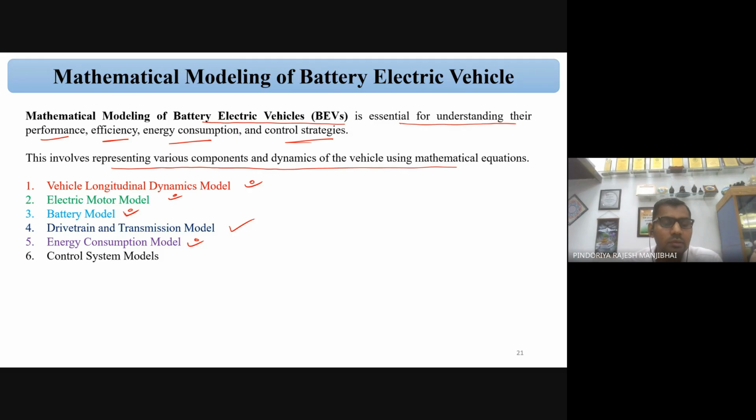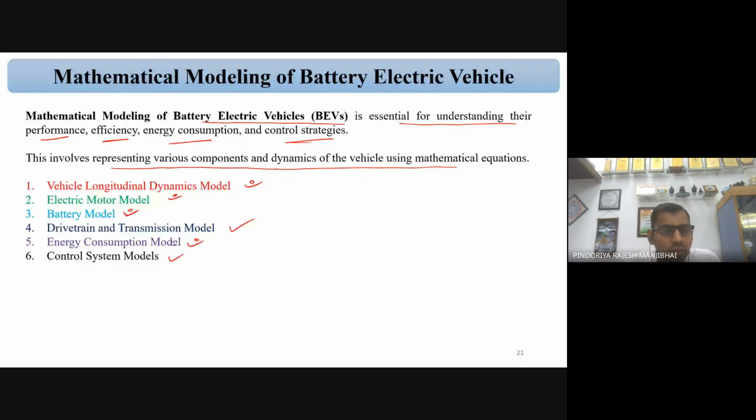In the last class, we saw transferring the energy from the battery to the transmission shaft to the wheel. That is the energy consumption. And the last one is the overall control system model, correct? So we have to see these six components while we design the mathematical model for the electric vehicle.